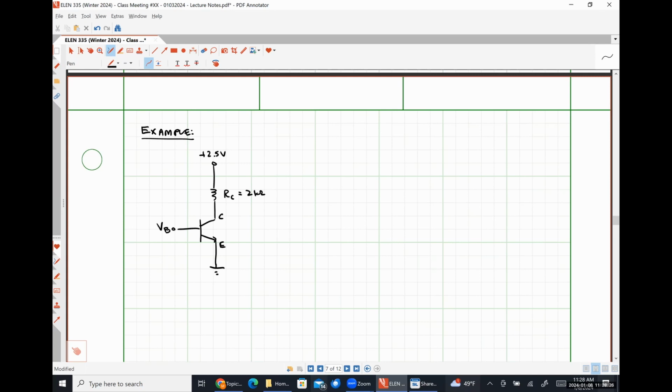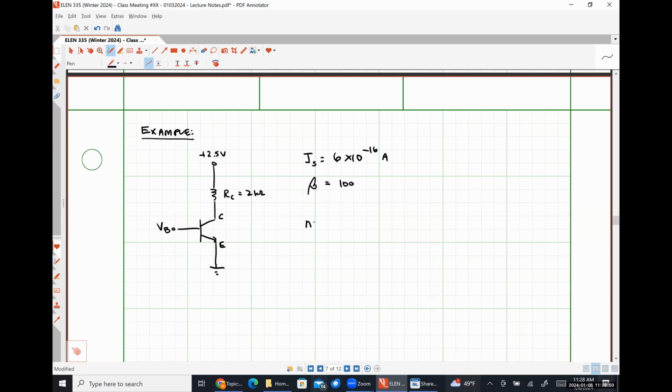Here's my base voltage, VB. We are told that IS is 6 times 10 to the negative 16 amps, and beta is equal to 100.